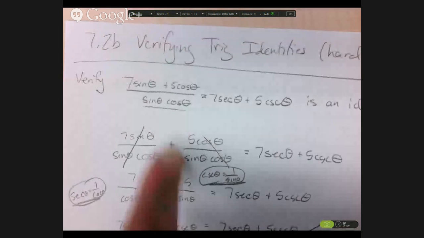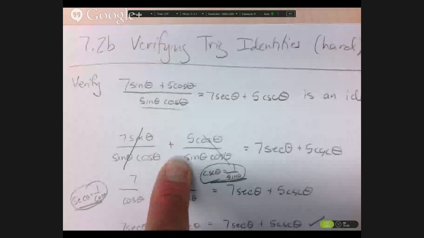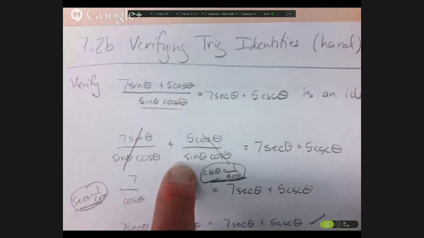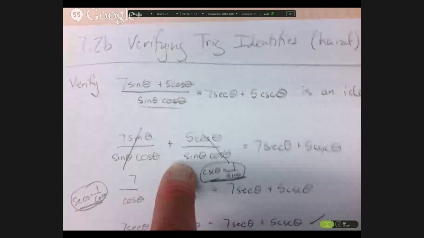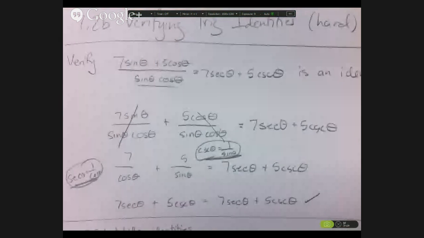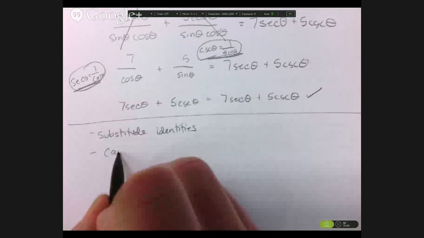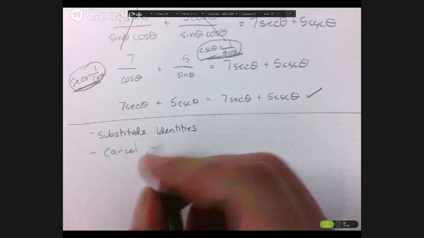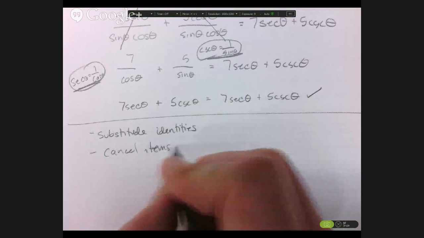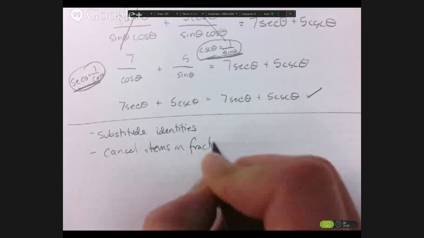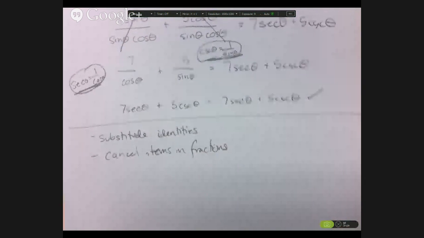Okay, what did we do right here, from step 1 to step 2? Okay, we'll go with what Parker says. We're canceling items in fractions, right?